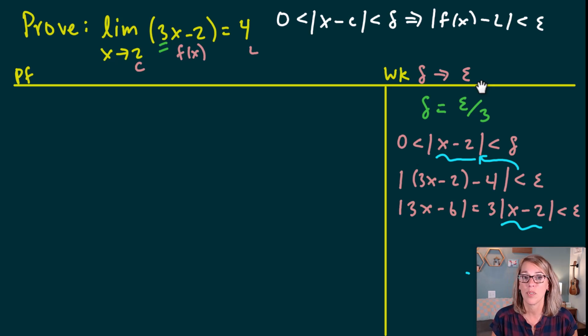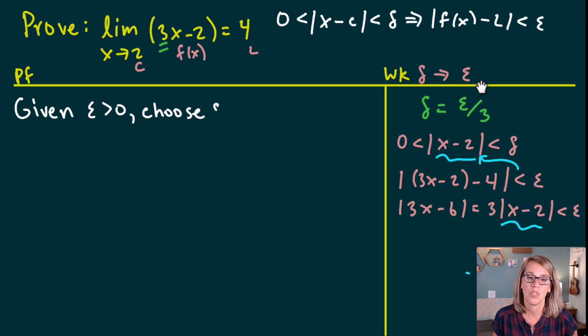So as we work through that proof, we start the same exact way every single time. So given any epsilon greater than 0, we are going to choose our delta. So we're going to choose that delta is equal to, because of the lead coefficient, epsilon divided by 3, which automatically makes delta also greater than 0.